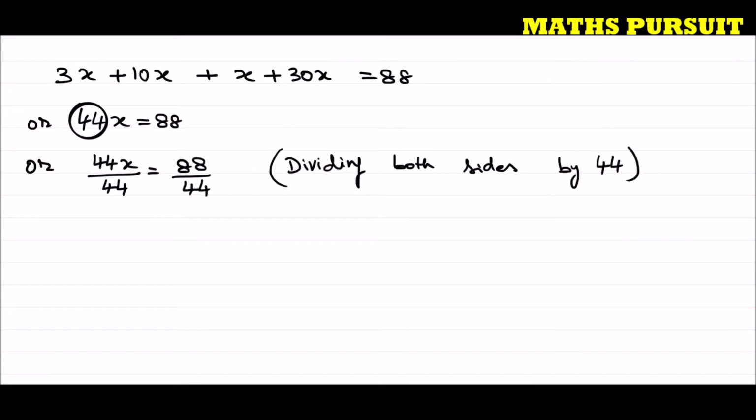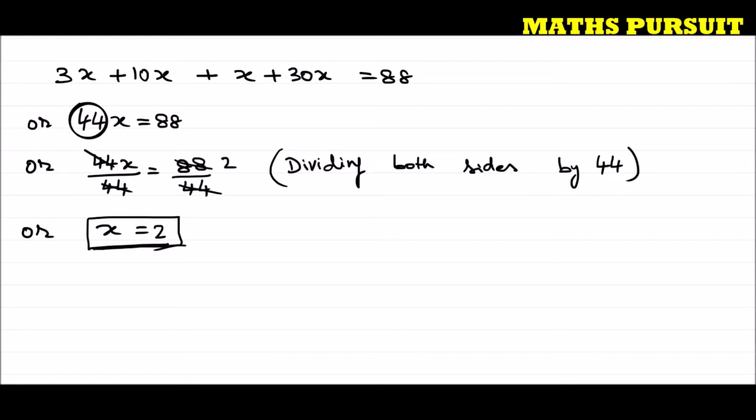In order to eliminate this 44, I need to divide by 44. If I am dividing the left side of the equation by 44, I also need to divide the right side of the equation by 44. So for that reason, I am dividing both sides of the equation by 44. Or I can write x is equal to 2. How? This 44 cancels out, and 44 twos are 88. So we got x is equal to 2.